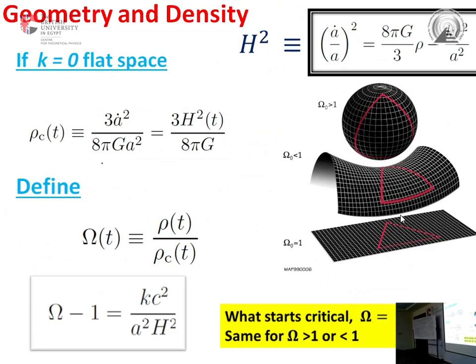Why are we fine-tuned to be flat most of the time? There's probably a structure formation argument also. If you are too positive, you'll never make galaxies, because it will collapse too soon. And if you're too negative, you'll never make galaxies, because it will expand too fast. You need very large perturbations to make galaxies.